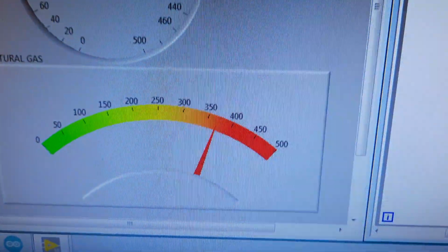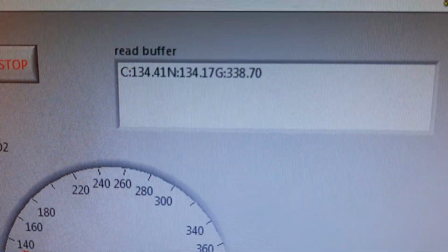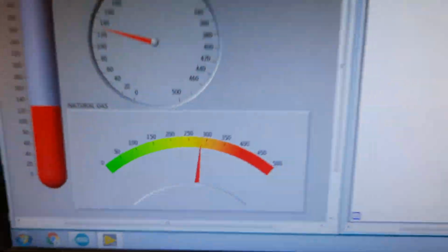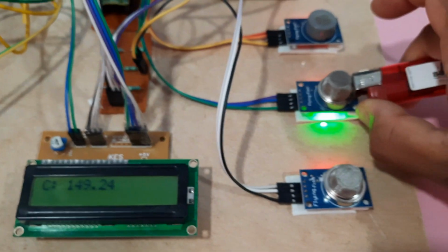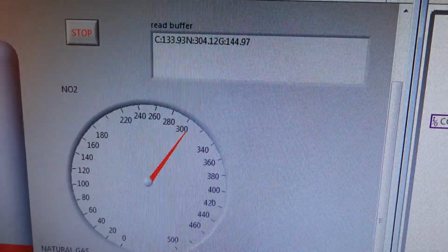368. Okay, yeah, 368, and the value is also coming 368, 318, 204. Okay, so now the same with NO2 also, 331. Okay, NO2 331.